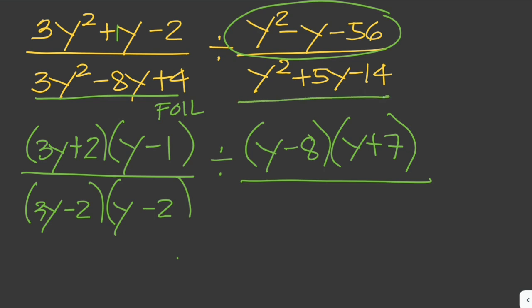And then this one, we factor that: y squared plus 5y minus 14. So factors of 14, that would be 7 and 2. Since the coefficient of the middle term is positive, the larger number should be positive. So that would be y plus 7, y minus 2. And now we can simplify this expression.